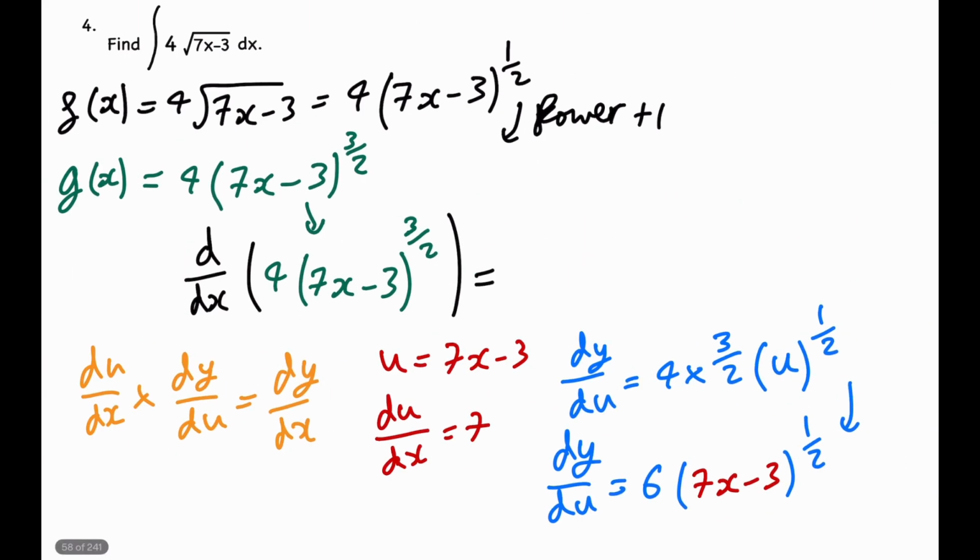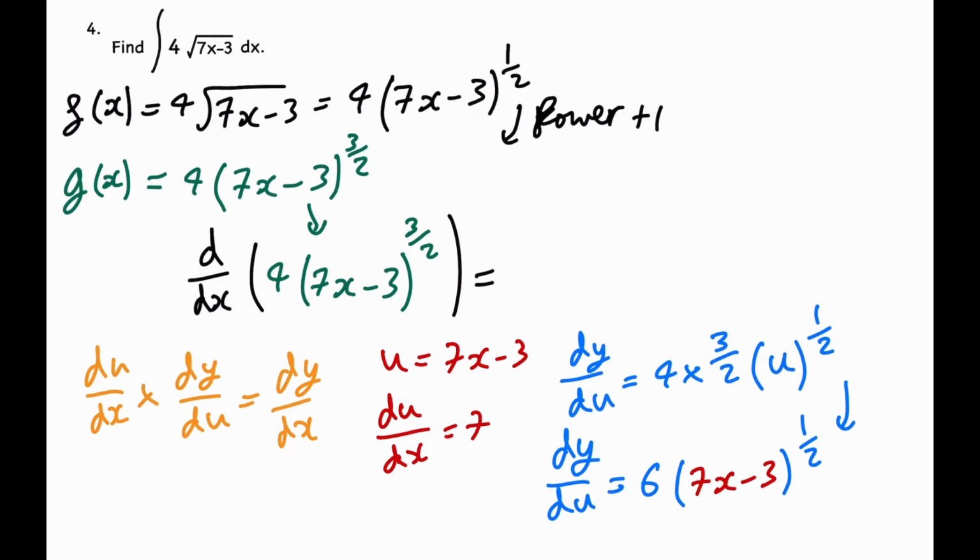And your dy over du, because you made your u this part over here, your function would be 4 times u to the power of 3 over 2. When you differentiate this, you would decrease the power, so you get a half, and then multiply by the old power, so 3 over 2. So you do 4 times 3 over 2 times u to the power of a half.